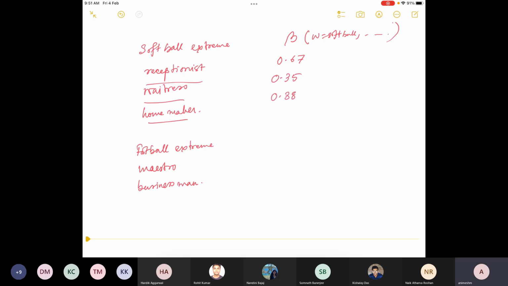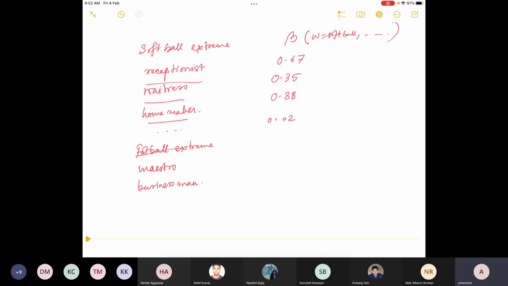Whereas for some random word, the beta values would be somewhere very close to 0 or even negative.